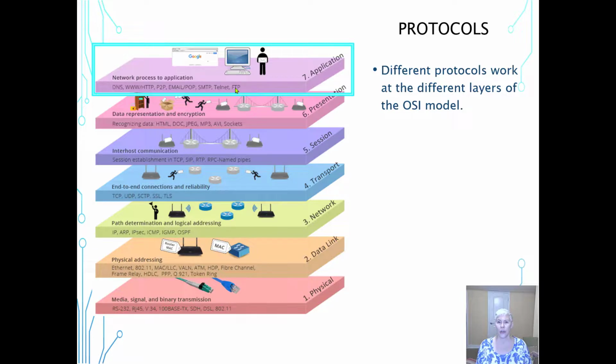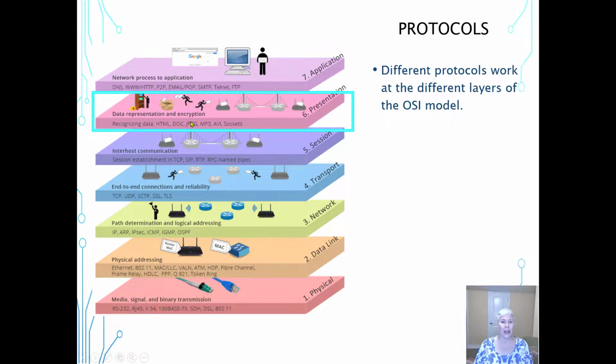Those are just a few of the protocols that function at the application layer. And then protocols that will function at the presentation layer will be HTML, doc, JPEG, PNG, MP3, MP4, things that you could think about that help the presentation of data.